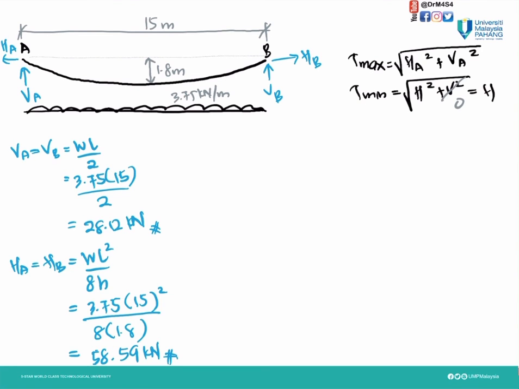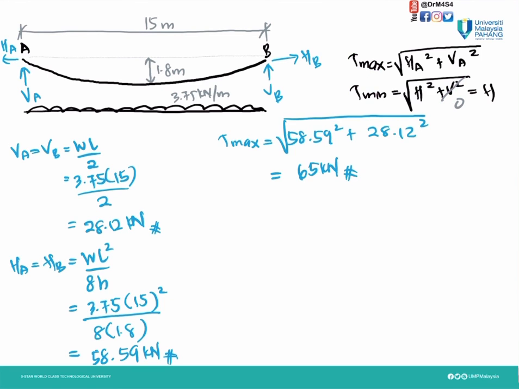Then we know previously Tmax equals the square root of HA square plus VA square, and Tmin is equal to H because V is 0. Now let's calculate those forces.